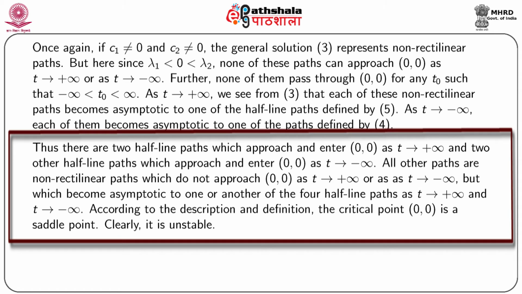All other paths are non-rectilinear paths which do not approach 0 as t tends to plus infinity or as t tends to minus infinity, but they become asymptotic to one or another of the 4 half-line paths as t tends to plus infinity or as t tends to minus infinity. And hence, by definition, the critical point 0 is a saddle point, and clearly it is unstable.